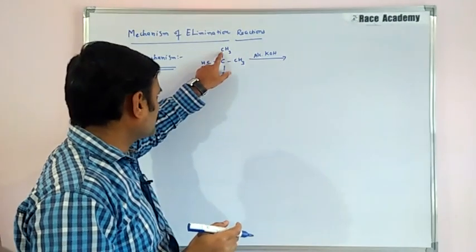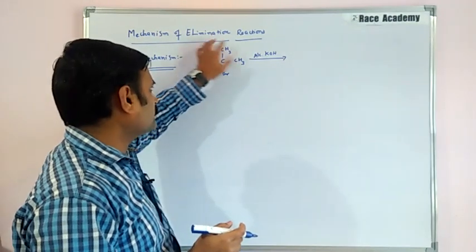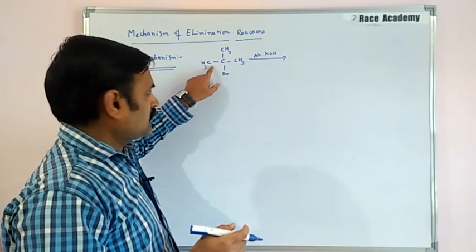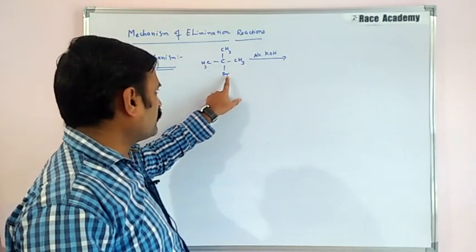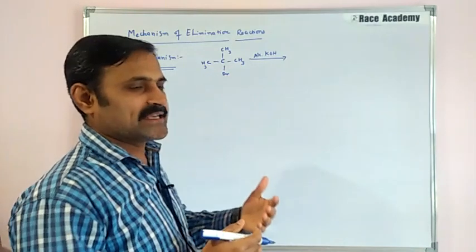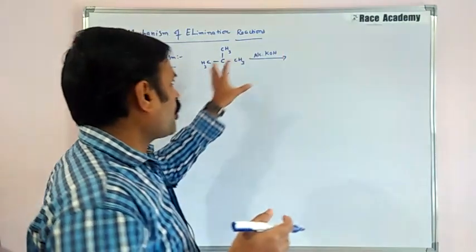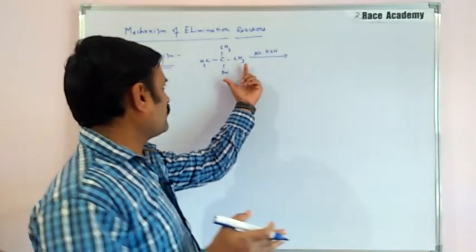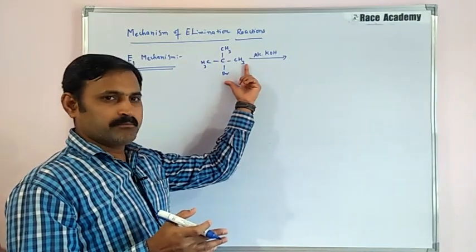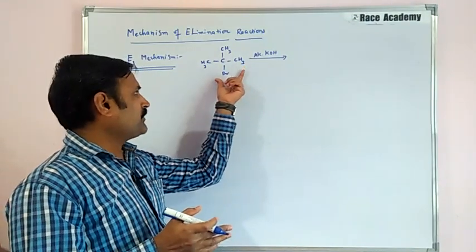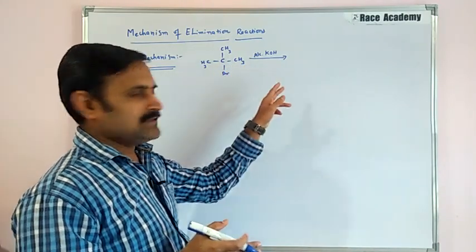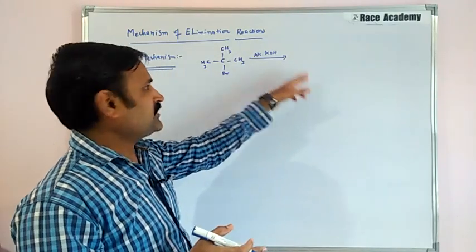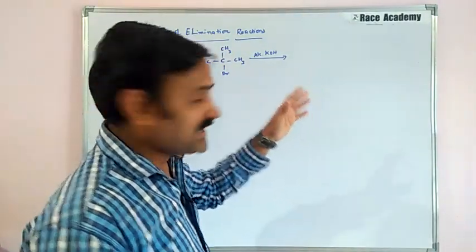Any hydrogen attached to either of these carbons is called a beta hydrogen. If that hydrogen is removed along with this bromine, we call it a dehydrohalogenation reaction. So we remove hydrogen from the beta carbon and bromine from the adjacent carbon, and we get a product with a double bond between the carbons.